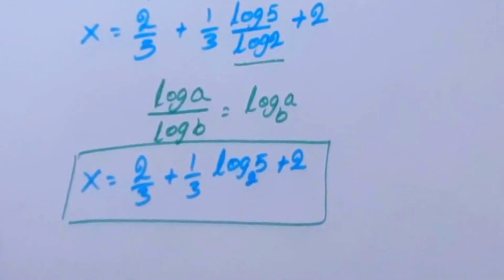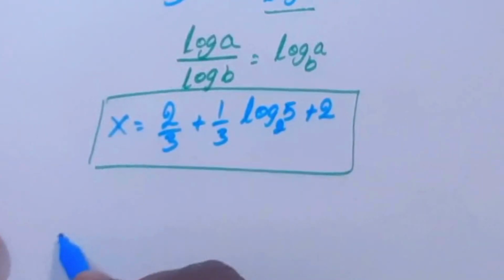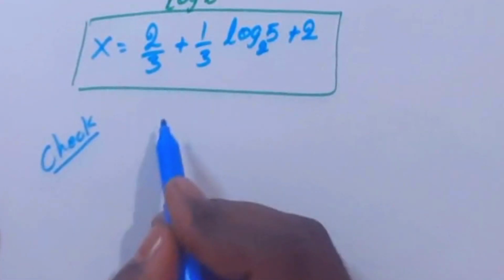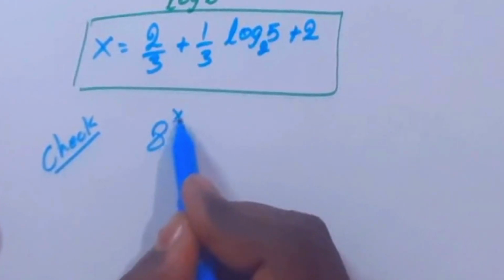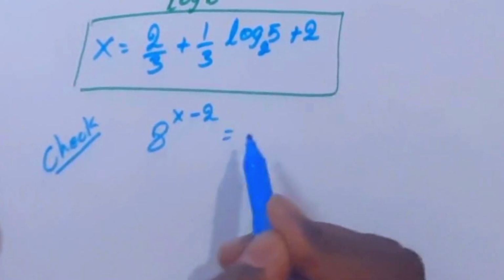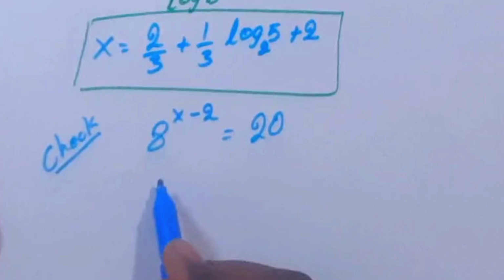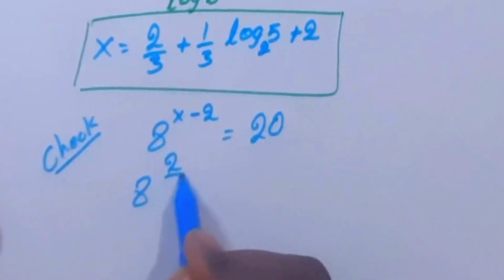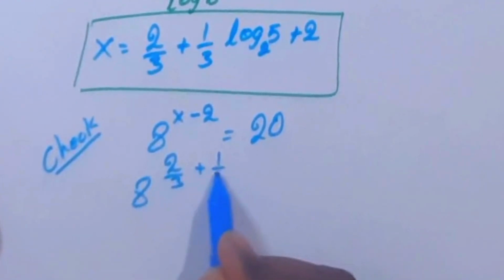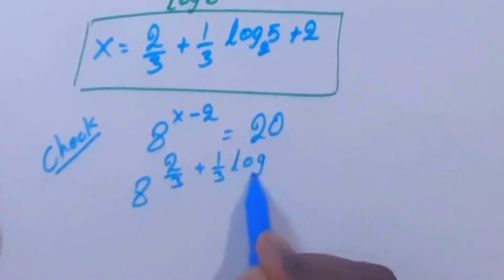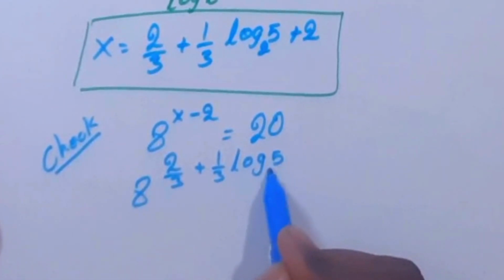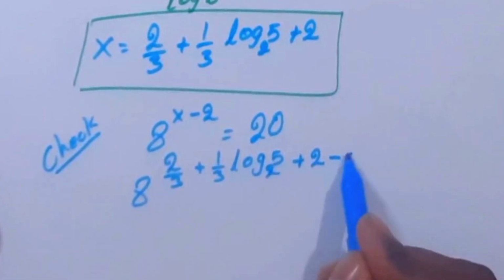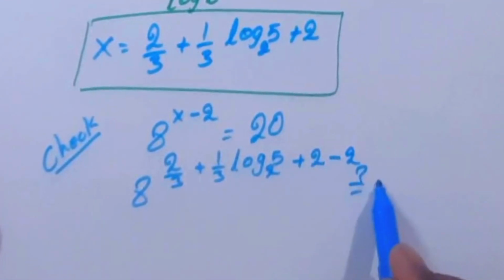Now we are going to check this x with the equation 8 power x minus 2 equal to 20. Now 8 power 2 by 3 plus 1 by 3 log 5 base 2 plus 2, this minus 2 equal to 20.